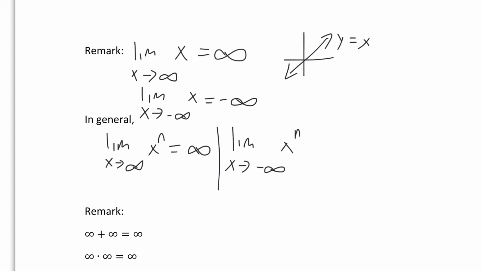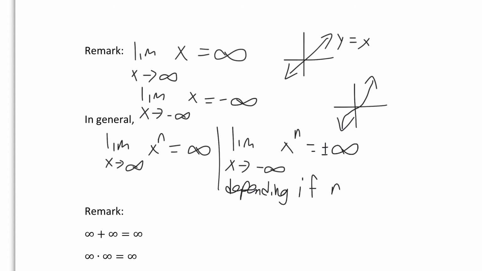Because if it's a parabola, it's going to open up, and so as you approach negative infinity, it's still going to go to infinity. But if it was a cubic function, something like this, then as x approaches negative infinity, it's going to go down to negative infinity. So this is going to equal plus or minus infinity, depending if n is even or odd.